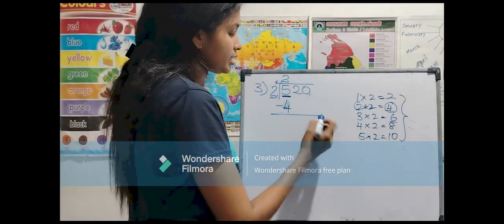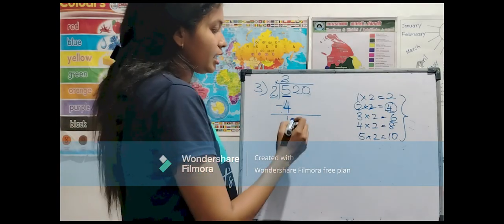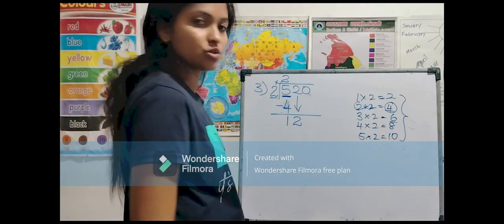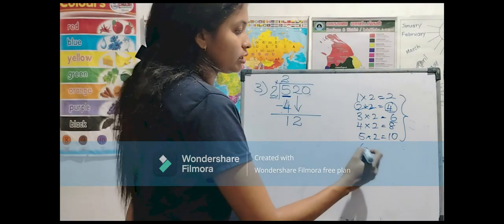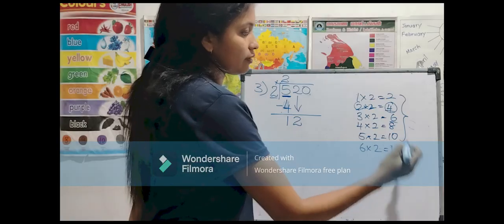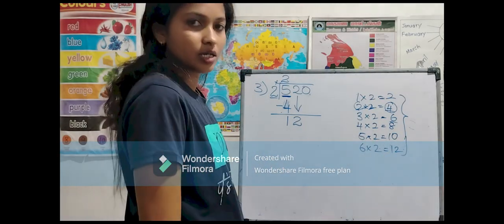Then you want to subtract here. Then 1 is remaining here. Then you want to take this 2 down below 12. You want to check whether there is number 12. Yes. 6 times 2 is equal to 12.